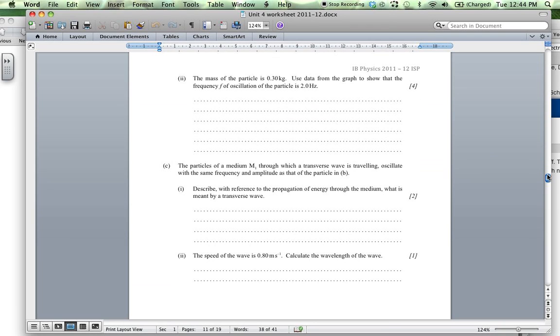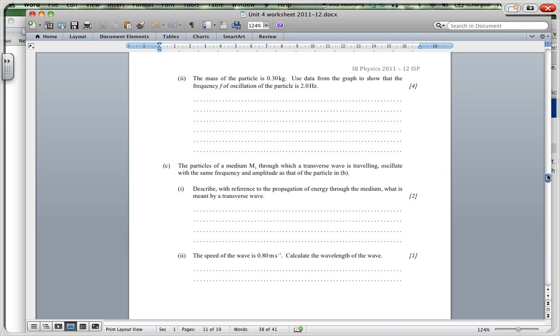The mass of the particle is 0.3 kilograms. Use the data from the graph to show the frequency f of the oscillations is 2 hertz. So with this one over here, firstly we need to think of what formula we're going to use.